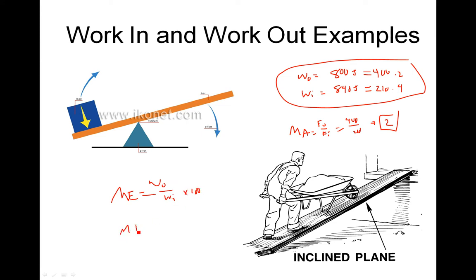So mechanical efficiency was 800 divided by 840 times 100, which will give me, and I'm just going to keep it with 2 digits, 95% efficiency. That's a pretty efficient machine. 95% is pretty good. Most of my work was used.